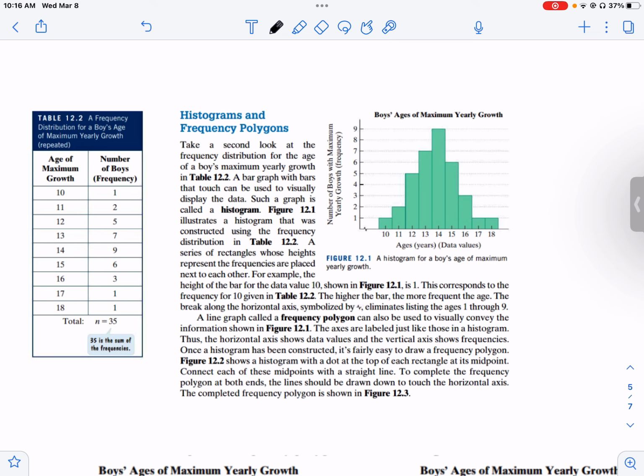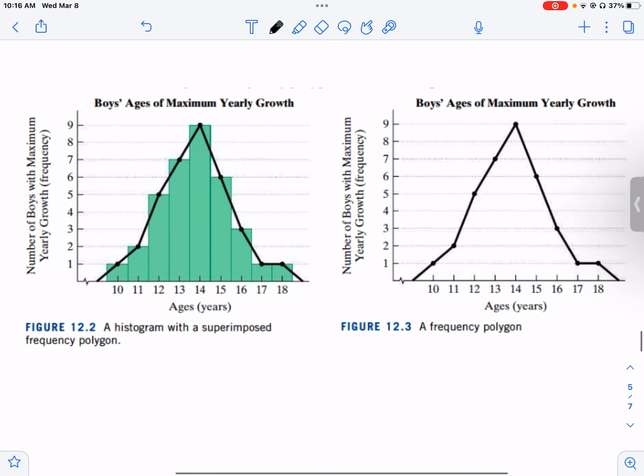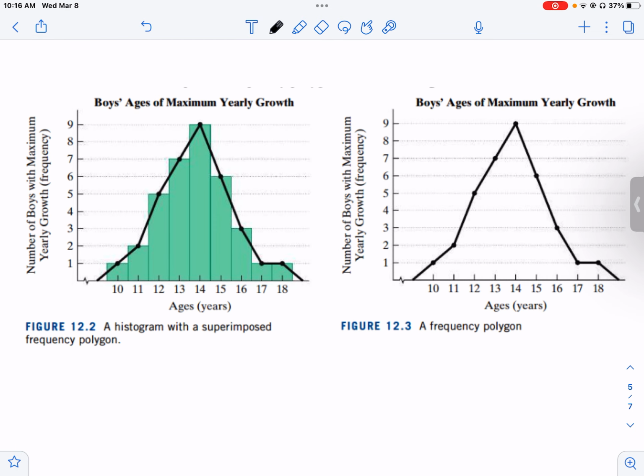If you look at 11, it goes up to 2. So the height of the bar is just the counts. A histogram can also draw a line. You put a dot in the middle of each of the bars, and that's called a frequency polygon. It's the same thing, it's just another way of graphing it.